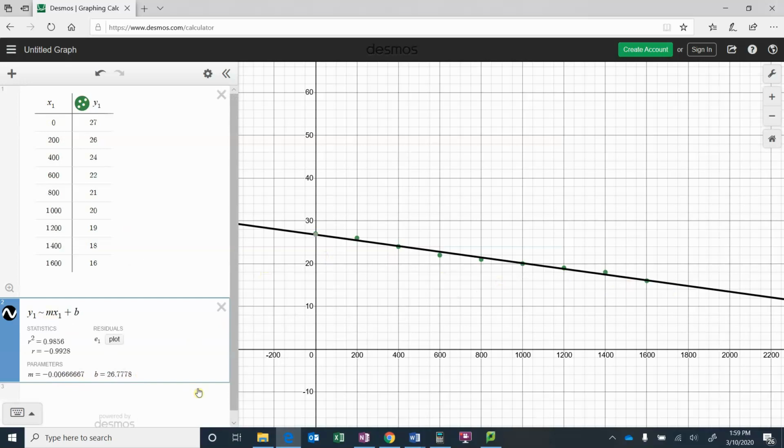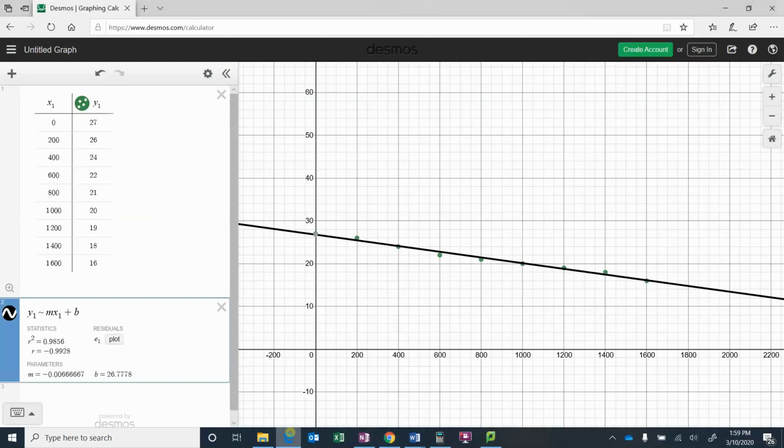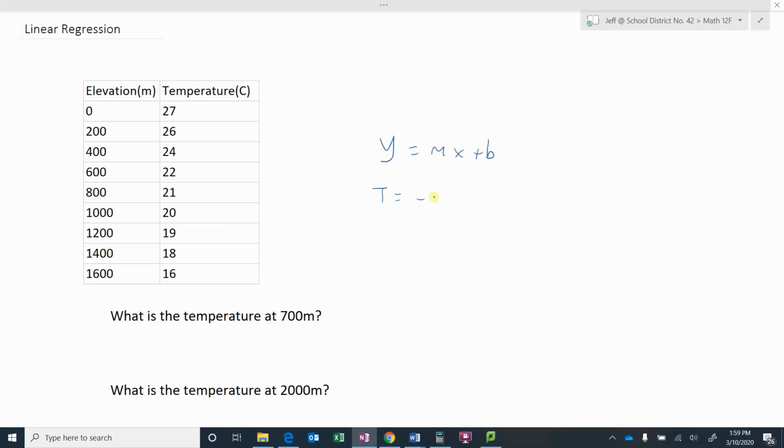So we now have our equation. There's a double 0 and then a bunch of 6s. So we'll say the temperature outside, instead of Y, we'll use temperature, is negative 0.00 and then the bunch of 6s, times X, which is actually our elevation.